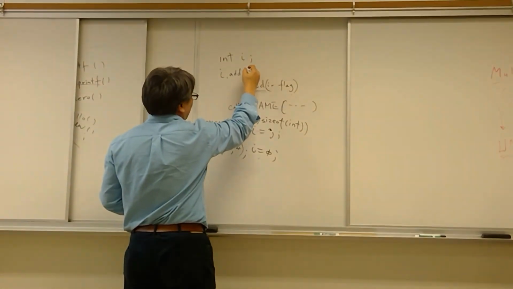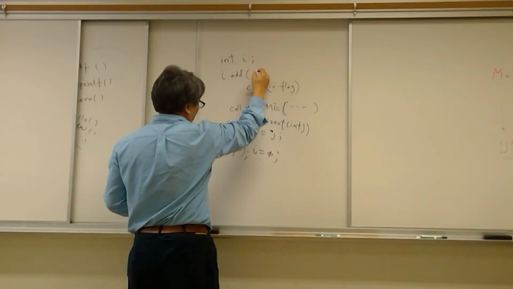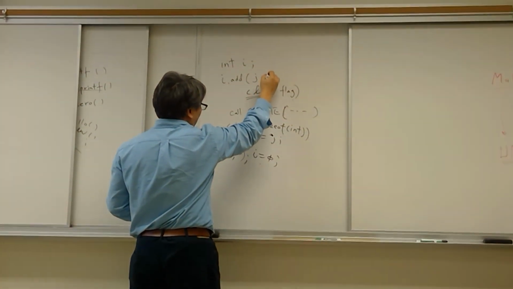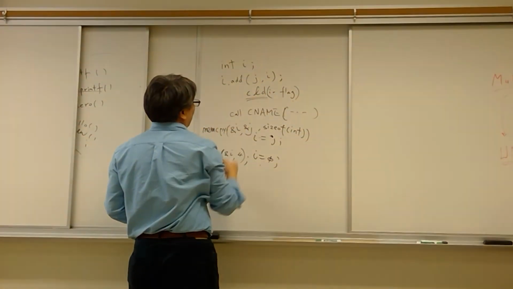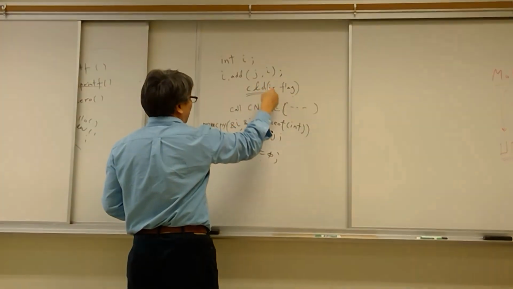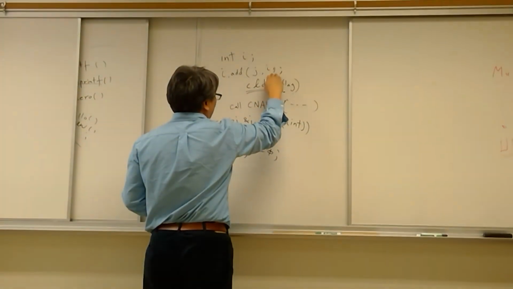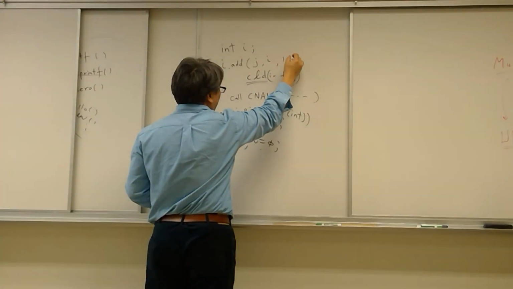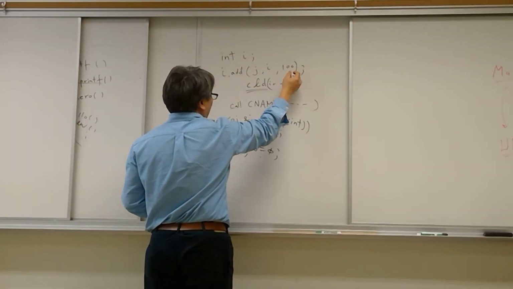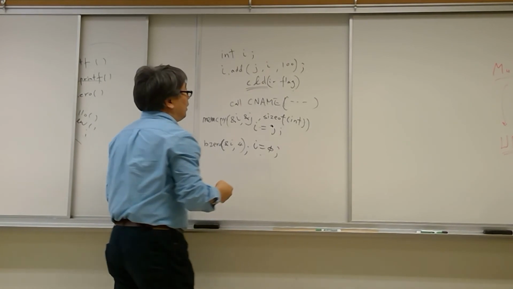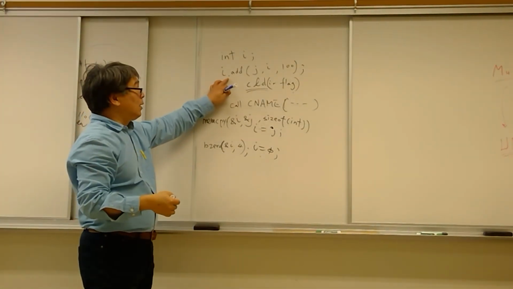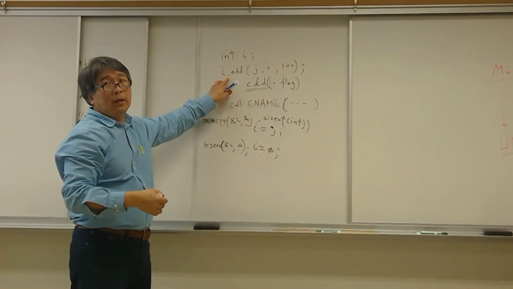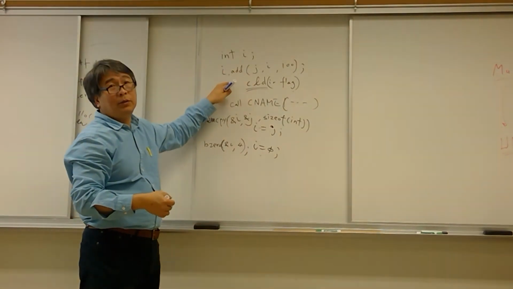So you need to add into J using I, accumulate J with I. It could be this method, or you can have a 3-argument method, I with 100, or I with another variable K, add to J. So you can see the method should be built into the object if everything is treated like an object.